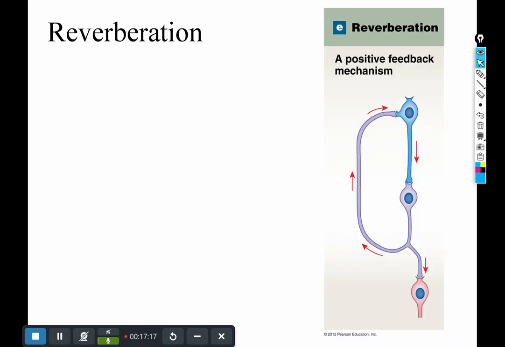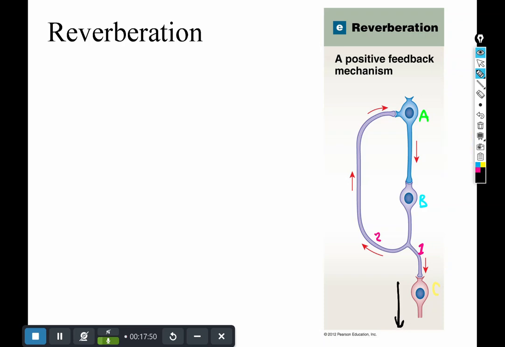And finally, my favorite kind of neuronal circuit is a reverberating one. So this one is pretty nifty because what you have is a setup where, due to the presence of axon collaterals, so we have collateral 1 and collateral 2, neuron A excites neuron B, excites neuron C, so now we have the signal that can go off to some other place and be useful.